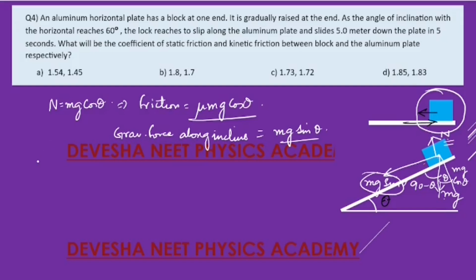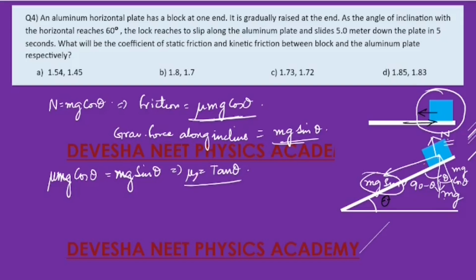Now when it is not moving, this friction is equal to this one. So mu mg cos theta equals mg sin theta. The mg cancels, so mu is equal to tan theta. This will be the static friction, because the body is still not moving, in equilibrium.